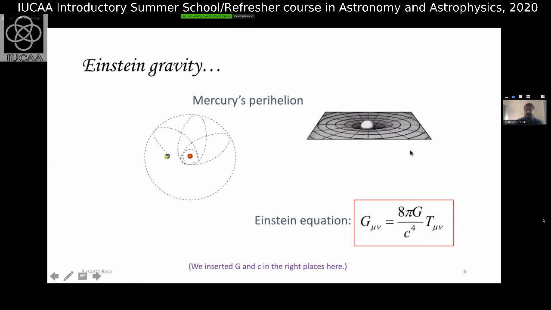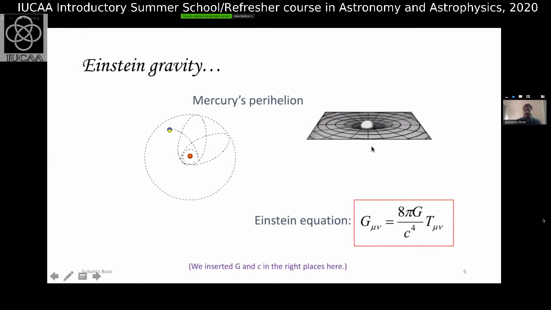In this figure, we are taking a two-dimensional slice out of a three-dimensional spatial volume. Of course, time should be integrated into it, like special relativity taught us. But in this simplification, we are setting it aside. And this shows that the presence of a mass, like the mass of the sun, would create this depression in the space-time curvature, which is what will essentially tell other test particles how to behave as they come close to this mass.